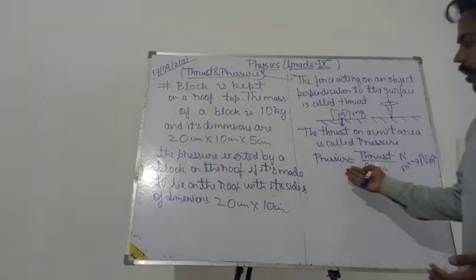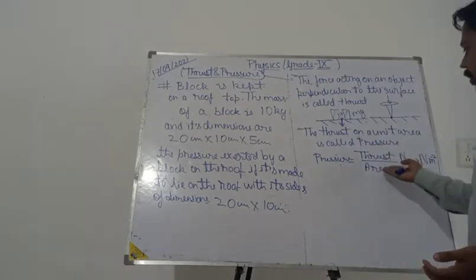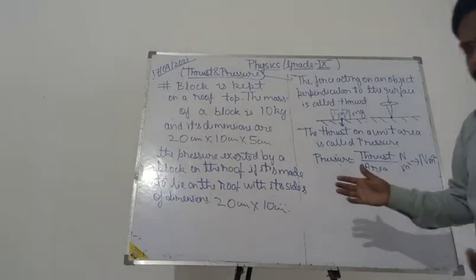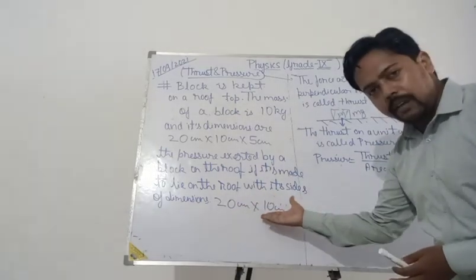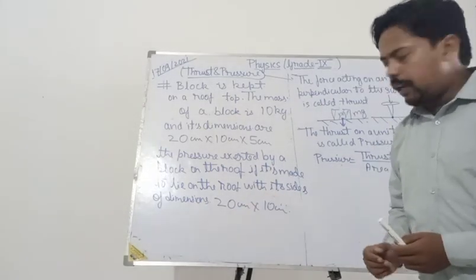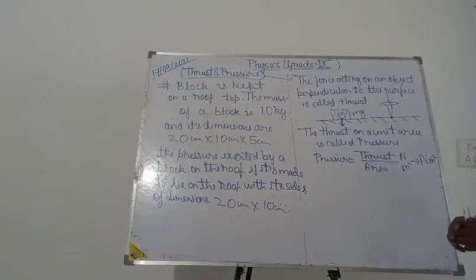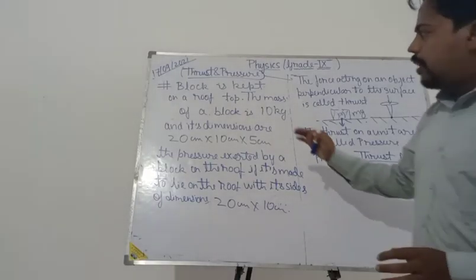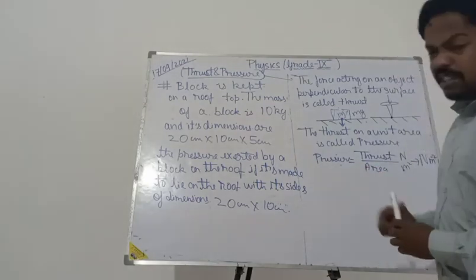If we know the value of the thrust, and we know the area which is in contact, we will be able to calculate the pressure. So let us calculate first of all the force or the thrust.